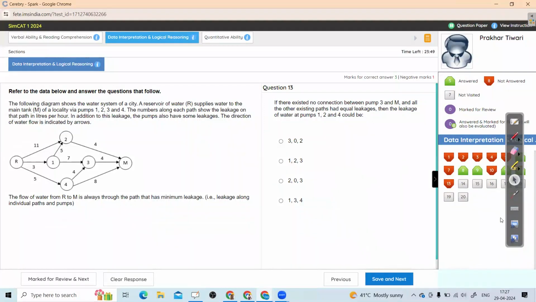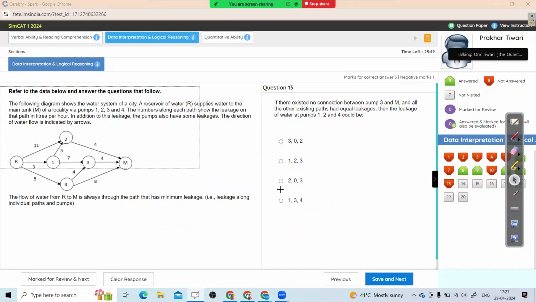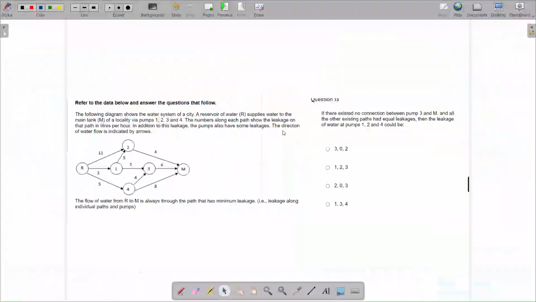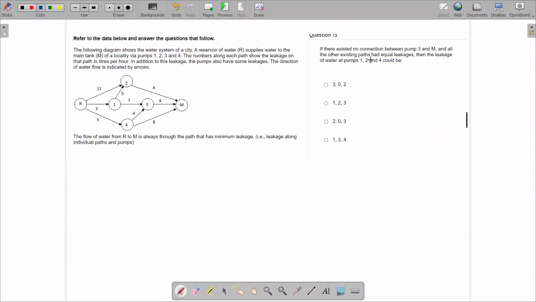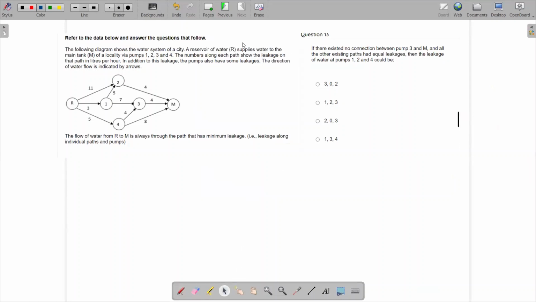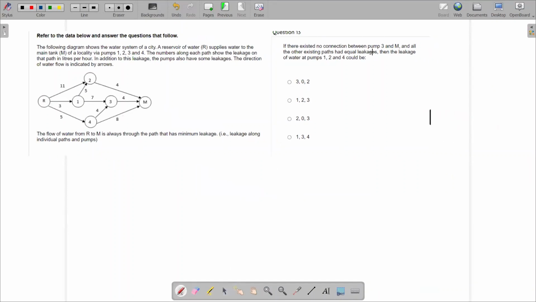Next one. Okay, let's check this as well. The following diagram shows that if there existed no connection between pump 3 and M, this connection is not there, and all that, then the leakage or what?